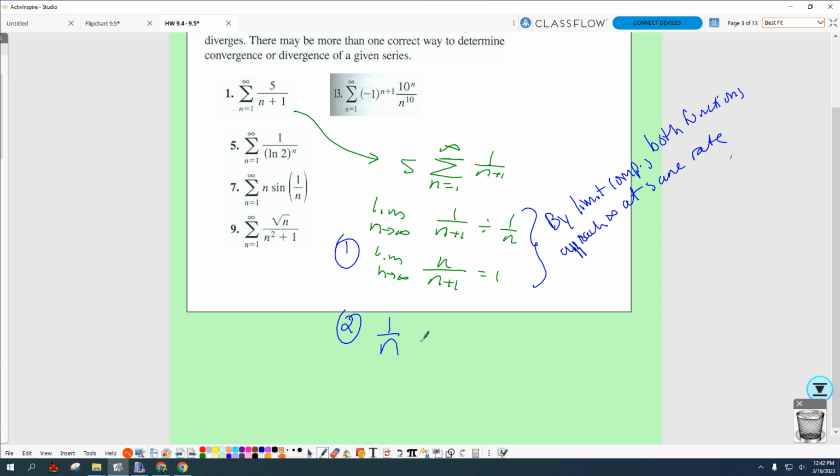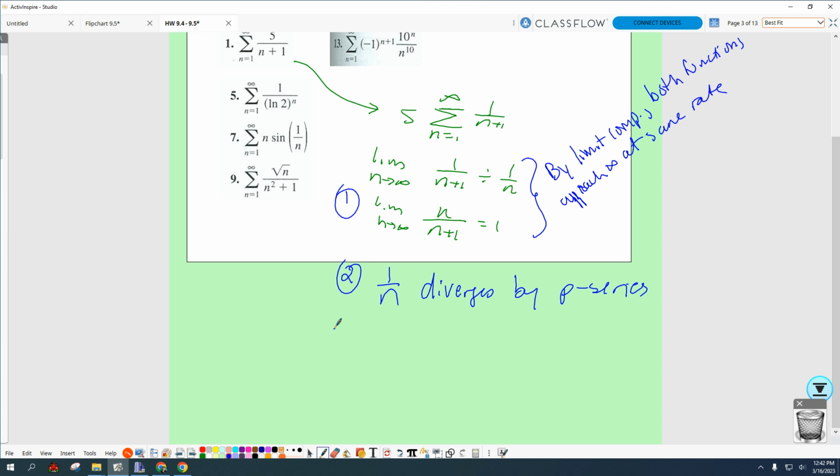What do we know about 1 over n? Does it converge or diverge? Why does it diverge? Because of p-series. So we picked this function because we know what it does, and we know what it does by p-series. And in step 1 here, by limit comparison, they both do the same thing.